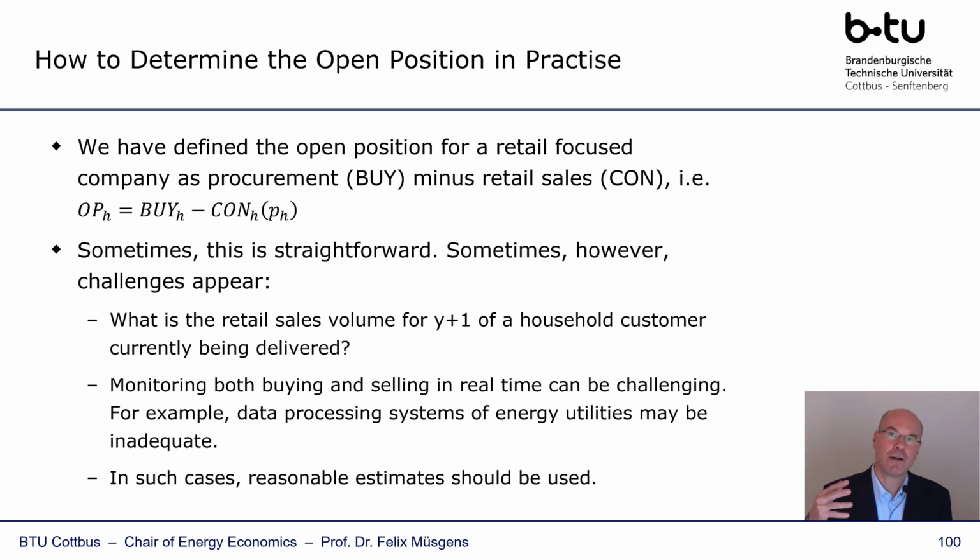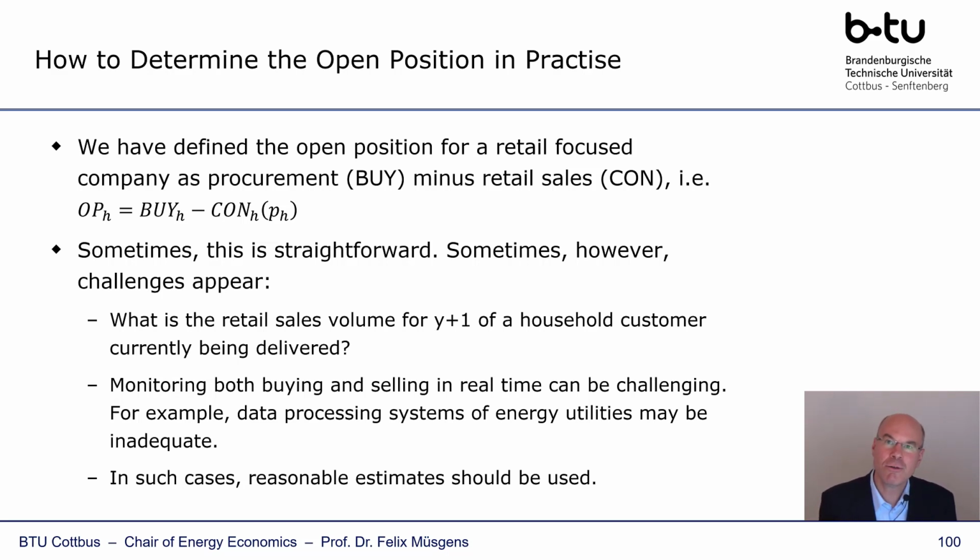And in particular, now coming back to the households, what is often done in practice is we say, we assume we deliver this many gigawatt hours next year, 2 years from now, 3 years from now. So we have an assumed total sales volume for the households, but we don't have a point in time where we include it in the open position as assigned bulletproof sales.